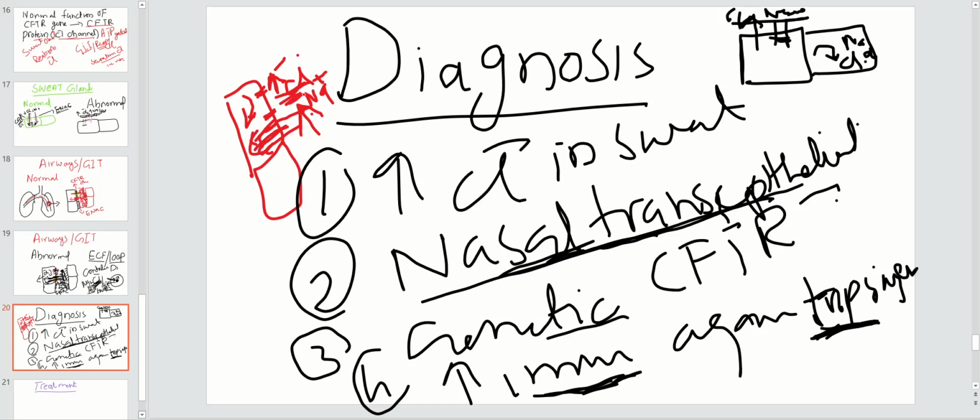So negativity on the nasal mucosa side is increased, which gives you the difference between the sodium and chloride concentration. Now sodium is inside the cell and increased chloride is outside of the cell, right? So that produces an increased nasal transepithelial difference, which is the diagnosis for cystic fibrosis.